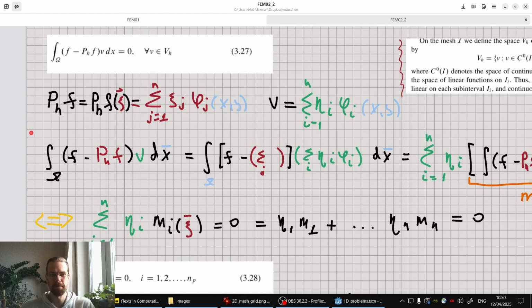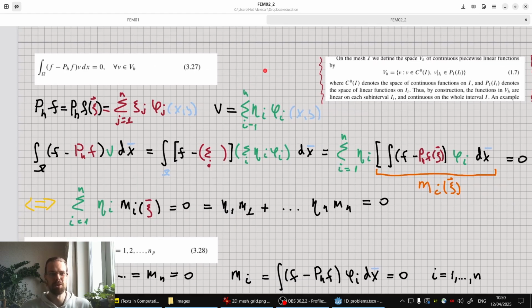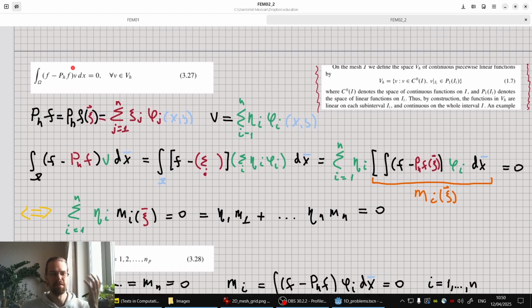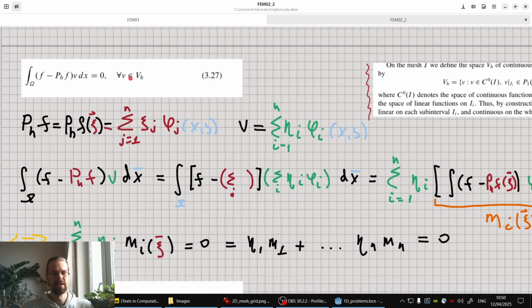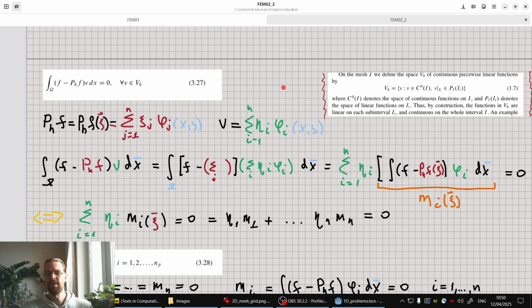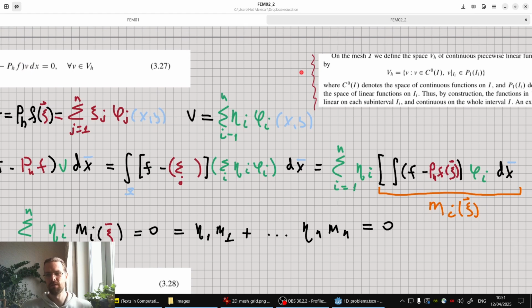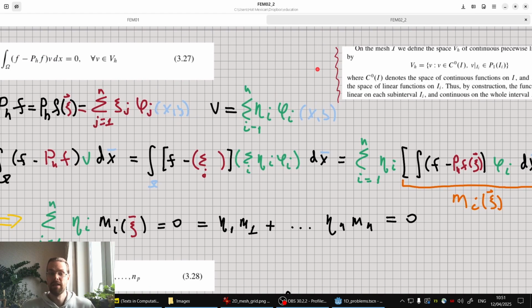into this expression that says that we have to have a system of equations. Purely mathematically, no intuition, by this definition, we have the test function v that has a requirement that it has to be in this function space of piecewise linear functions. And so this expression should hold for any function v in that space.